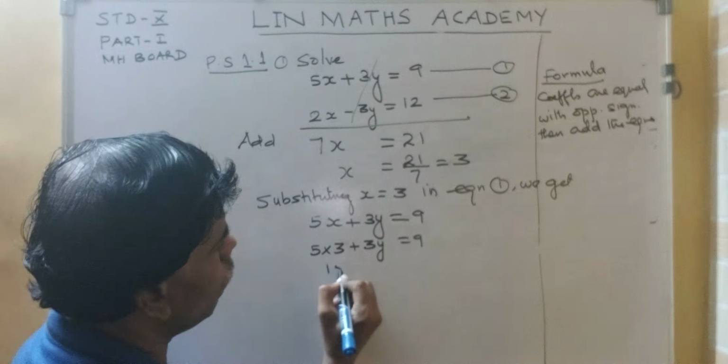So 3y equal to 9 minus 15, so equal to minus 6. So y equal to minus 6 upon 3 equal to minus 2. So the solution is x comma y equal to 3 comma minus 2. Understood? Okay.